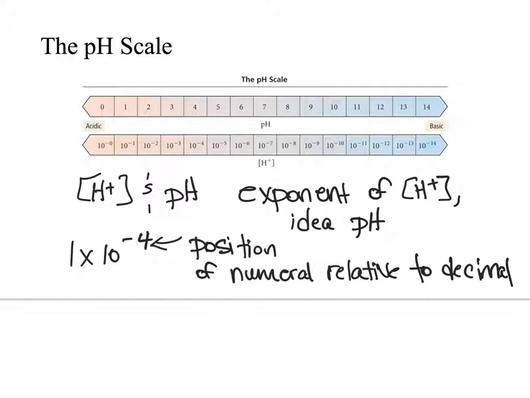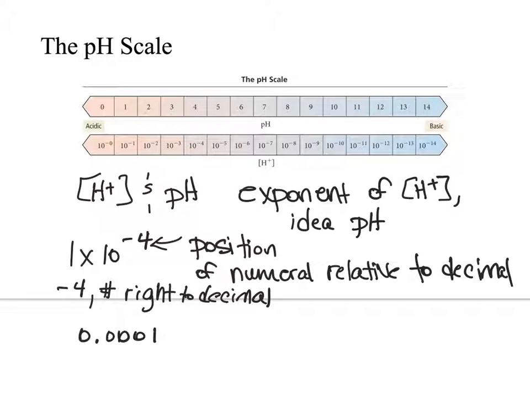So we have 1 times 10 to the negative 4th. If the exponent is negative, then the number is to the right of the decimal. And we're going to be dealing with that case when we're looking at pH calculations exclusively. So that tells me that the 1 is 4 positions to the right of the decimal. So that's the same thing as 0.0001.